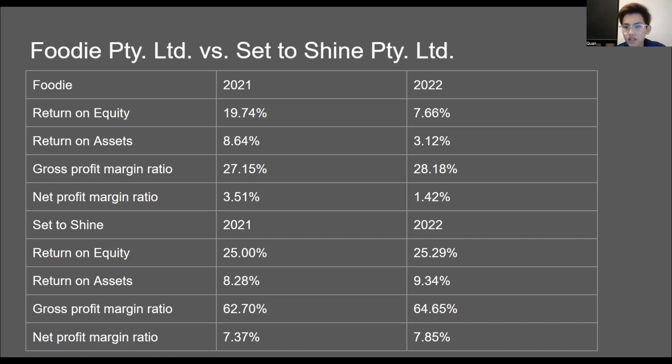Considering these factors, Set to Shine appears to be a more favorable investment option due to its consistency and strong profitability. The company has demonstrated efficient use of its assets to generate returns and shown improvement in its profitability ratio over time.